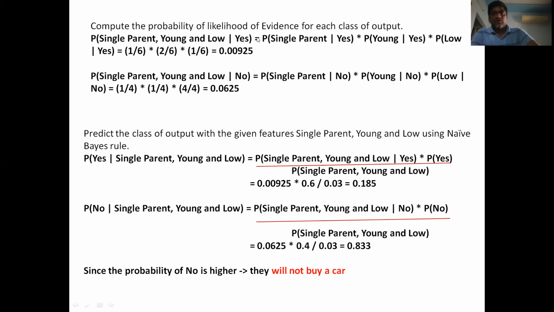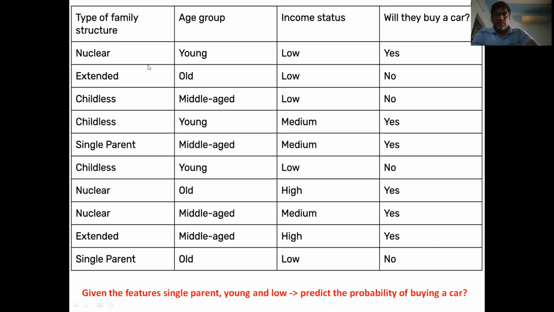Okay. So the formula for this is probability of single parent given yes into probability of young given yes into probability of low given yes. So how do we calculate these values? Probability of single parent given yes, you need to count it from the table. Single parent with a yes combination, there is only one combination.